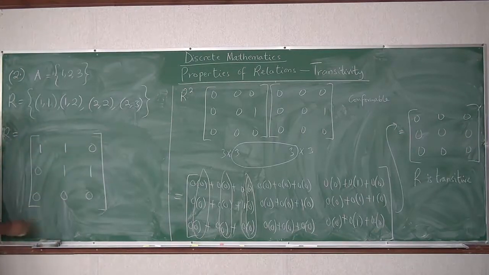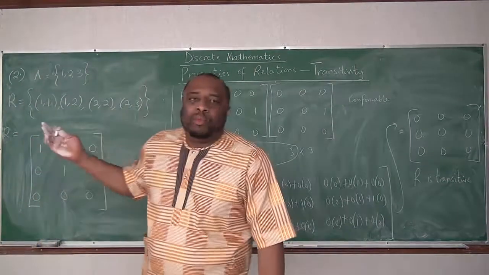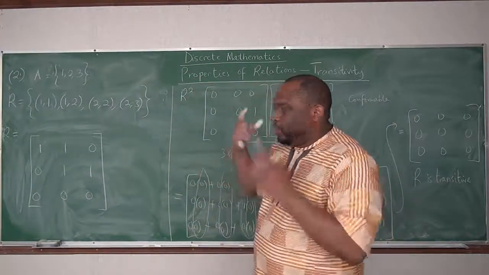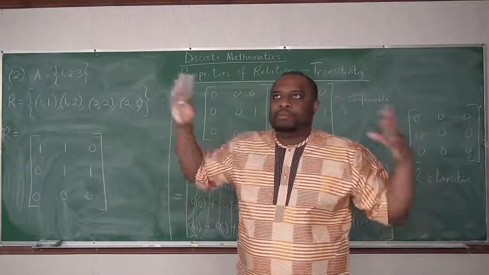All right. So assuming you were given this in matrix form, and you were asked to find whether this is transitive. Let's say they didn't give you the set form. You could change from one to another.